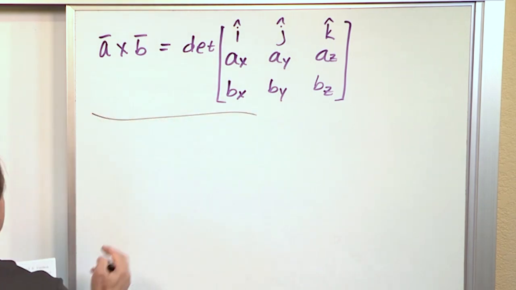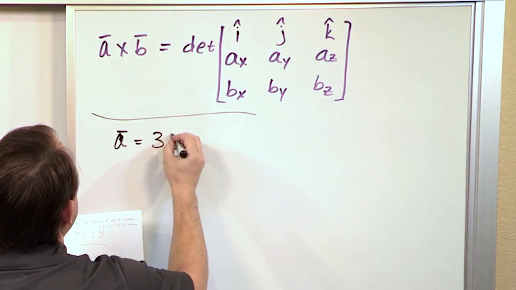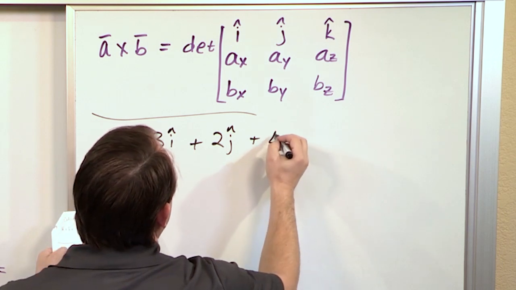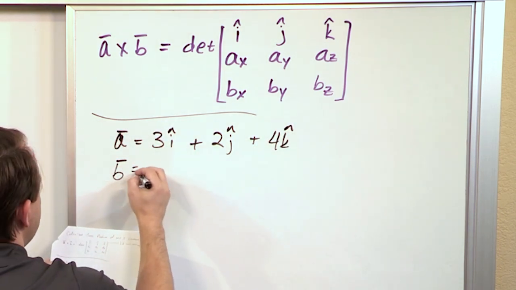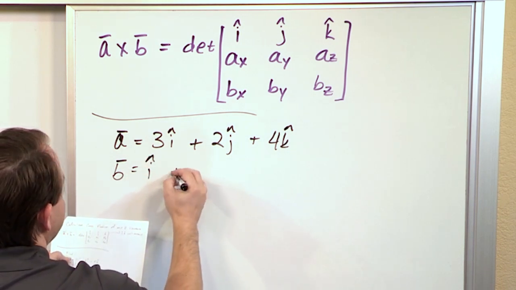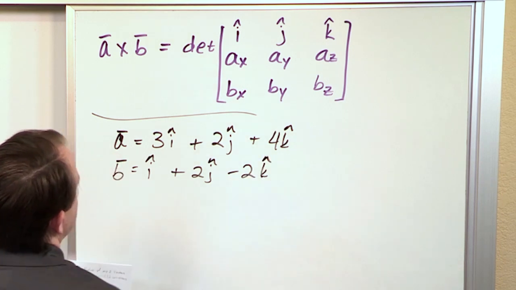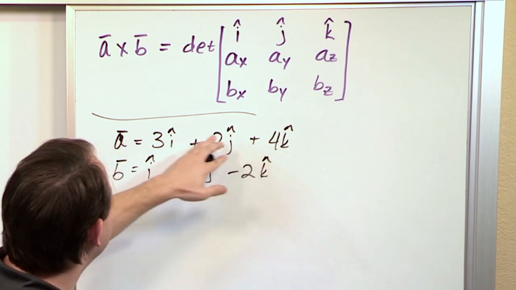Let's say you were given on a test that your A vector was 3 in the i direction, plus 2 in the j direction, plus 4 in the k direction. These are the x, y, and z components. And your B vector was simply 1 in the i direction, plus 2 in the j direction, minus 2 in the k direction. So these are the 2 vectors that you have, the x, y, and z components of each one of them.